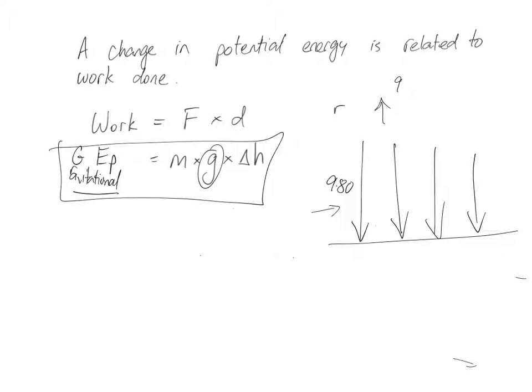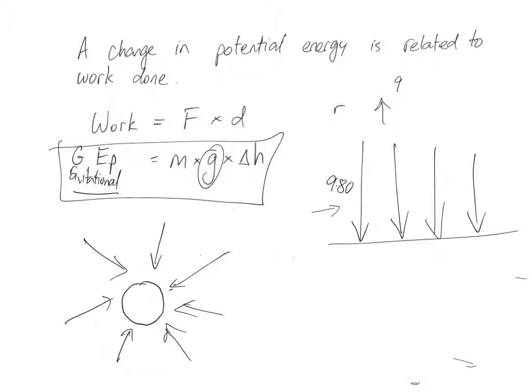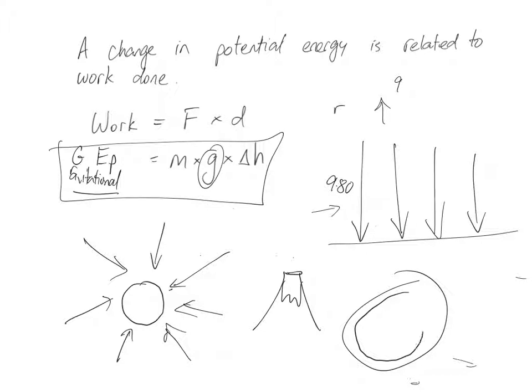Now importantly, we can't use that formula out in space, because as you get further away from a planet, the gravitational field, as you can see from the field lines, varies. It also varies if you go up a mountain. It also varies if the Earth's crust is thicker in some areas than others.